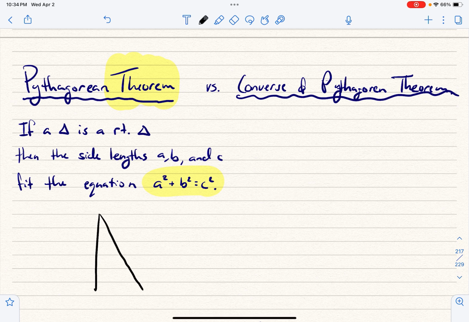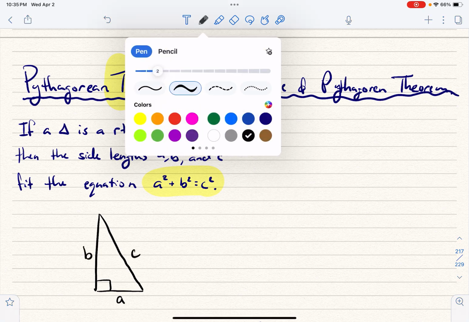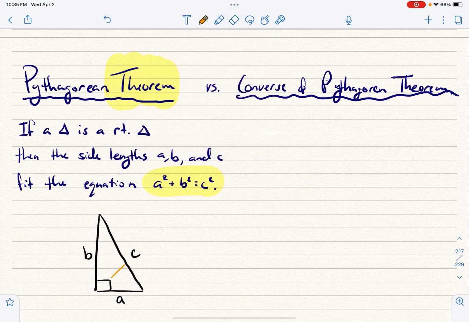If you have a triangle and it is a right triangle and the side lengths are A, B, and C, and we'll just clarify, C is always opposite of the 90-degree angle. That makes this side called the hypotenuse. So if the side lengths of a triangle are A, B, and C, and it's a right triangle, then those three numbers will always fit into this formula, this a squared plus b squared equals c squared.